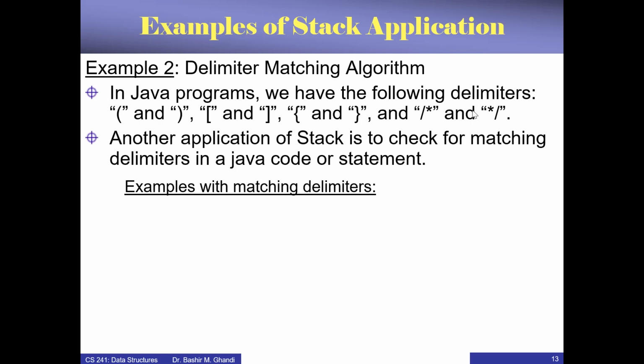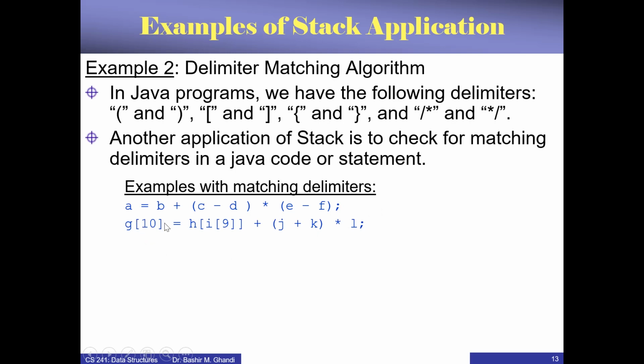These are some examples just to show you before we look at the code. This is obviously a valid expression because this will make us push, this will make us pop. Push and pop. At the end, the stack is empty, and therefore the expression is valid. It has matching delimiters. This is also valid.